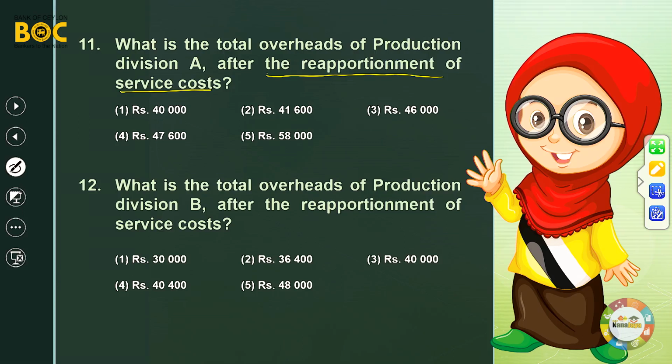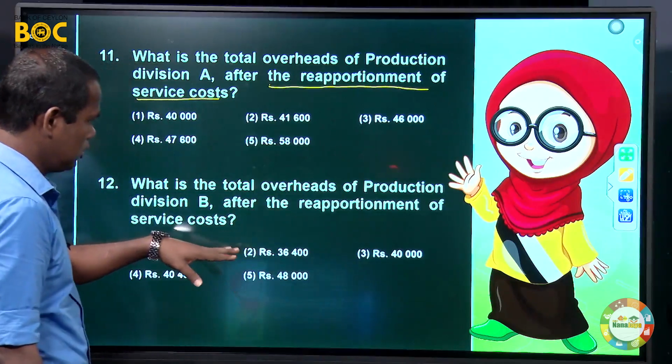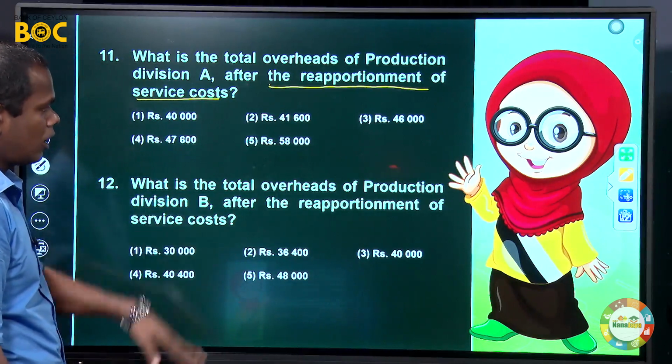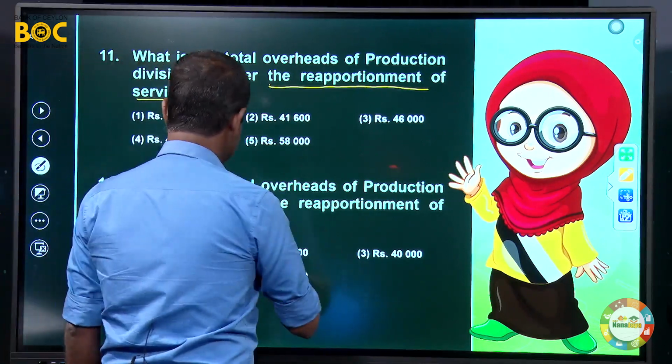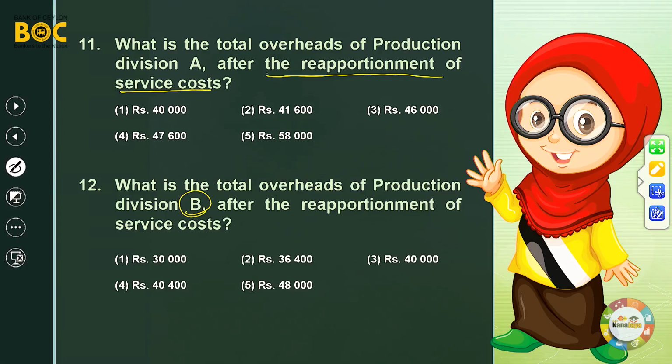Question number 12 is parallel: what is the total overheads of production division B after the reapportionment of service cost?